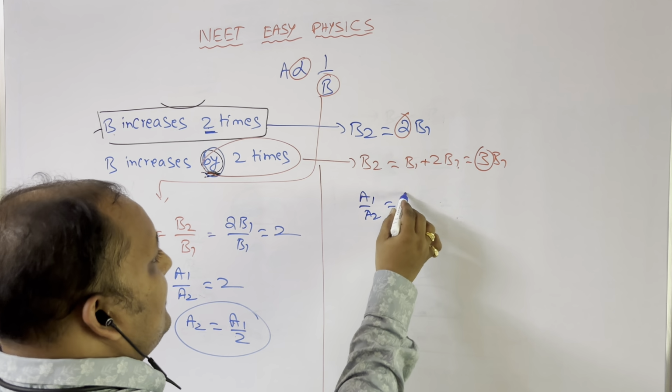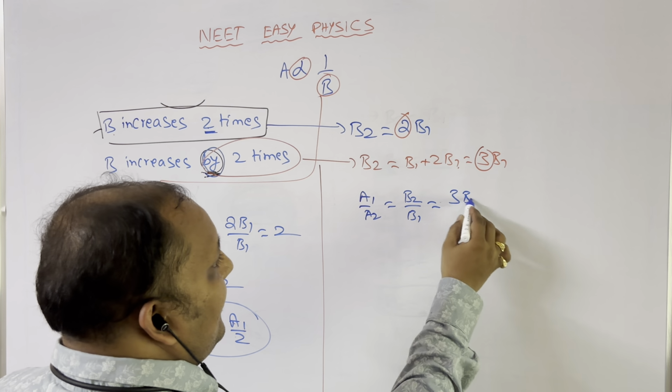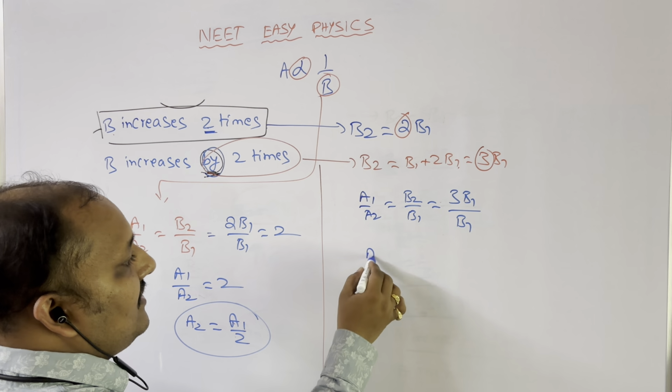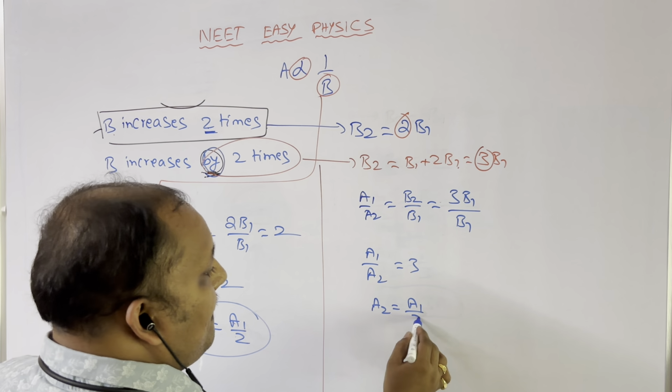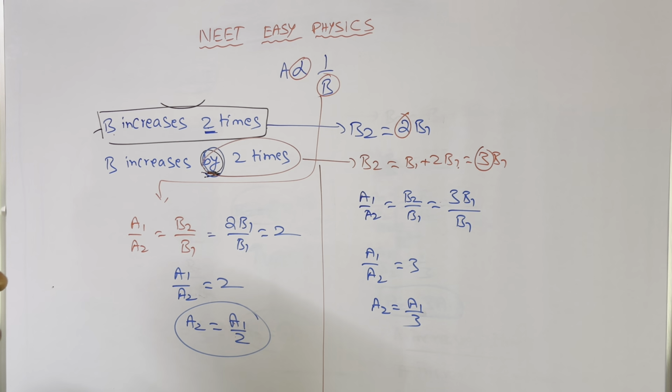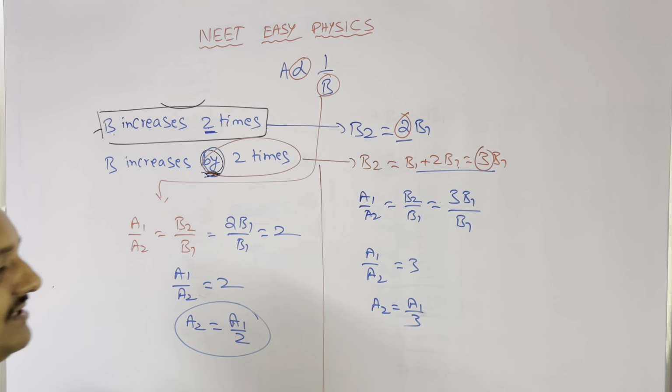A1 by A2 is again B2 by B1. You can say the answer directly. I am just writing here. Maybe all of you got your answer. A1 by A2 is 3. Now A2 is A1 by 3. Isn't it? Increases by 2 times. This is the small difference whenever we are taking directly proportional and inversely proportional.